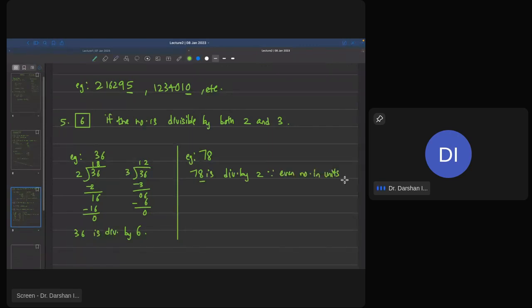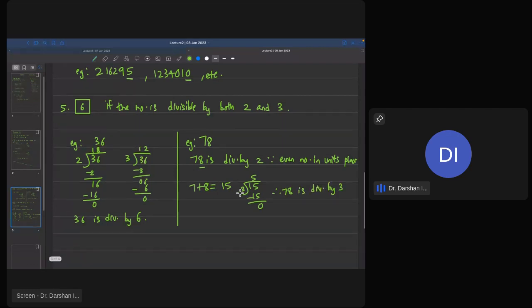8 is there. And 7 plus 8 is 15. And 15 when divided by 3, 3 5s are 15, remainder is 0. Therefore, 78 is divisible by 3. I applied the divisibility test.